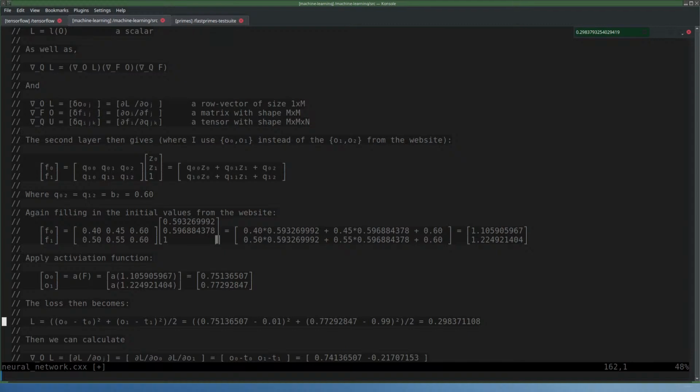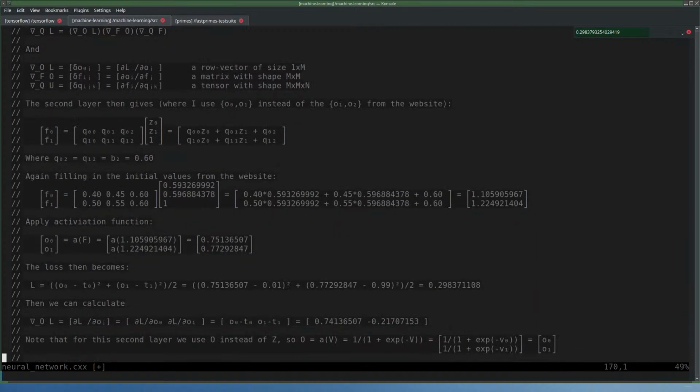The loss then becomes, well, that is still correct, because these are the values of O that have been used here, and T. And then we can calculate, so that's what we need indeed, which is dL/dO.